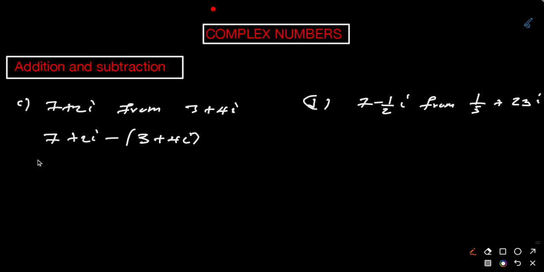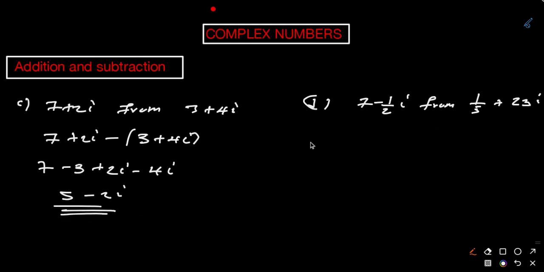So here we're going to have 7, then if I multiply here I'm going to get negative 3, and here negative 4i. Let me start with positive 2i, then end with negative 4i. So here I'm going to get 5, then negative 2i. This is how I'm supposed to answer this one.